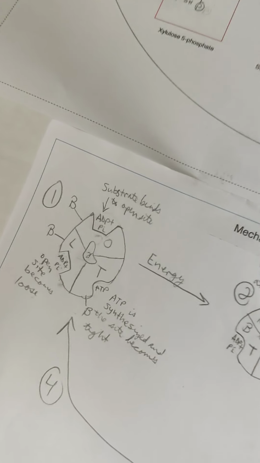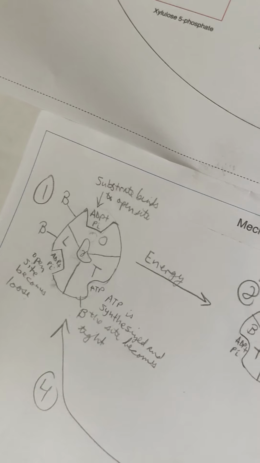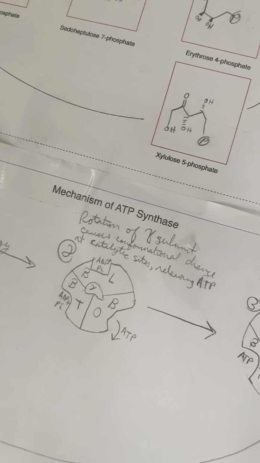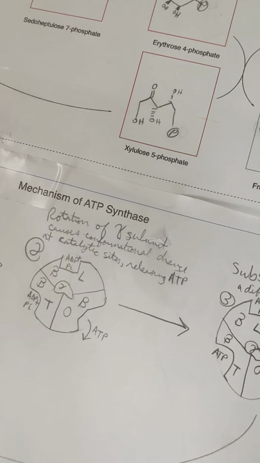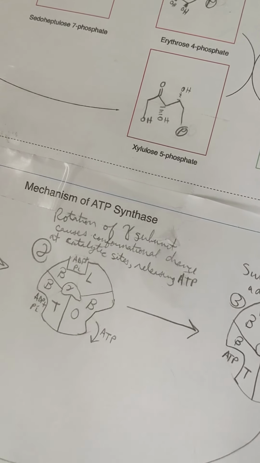So essentially, we have an open, tight, and loose binding site. So the ADP will bind, and then essentially we add in some energy, and as we rotate, it releases that ADP. It binds that ADP to a phosphate to produce ATP.